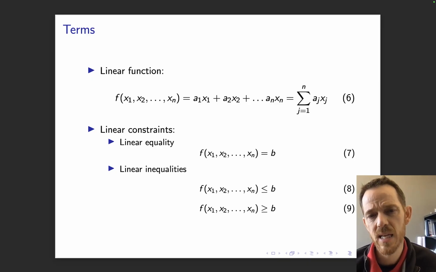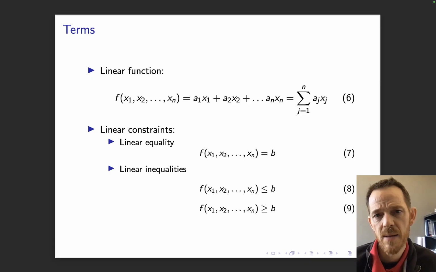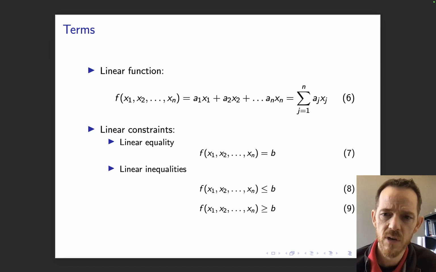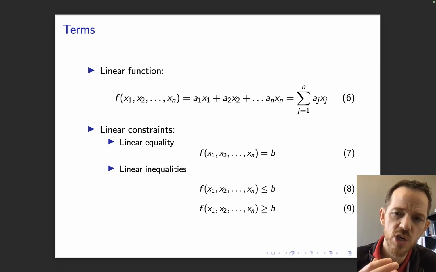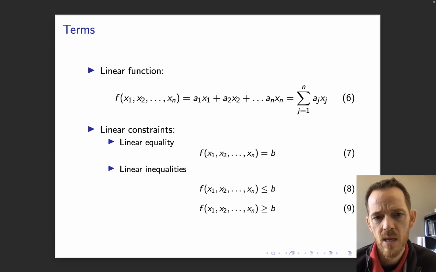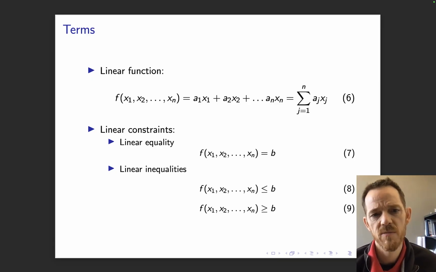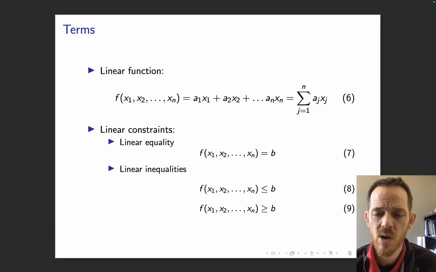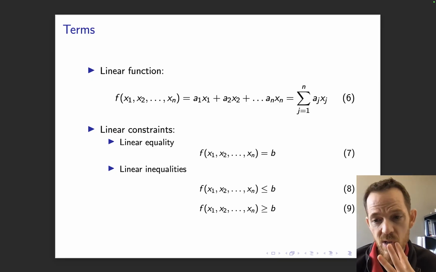That can be succinctly expressed as the summation of the coefficient times the variable, going through each of the variables, referencing them by j from 1 to n. In terms of linear constraints, we have both linear equality, where we have a function set to a value, and linear inequalities, where it's either less than or equal to or greater than or equal to.